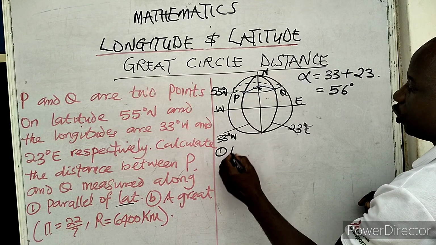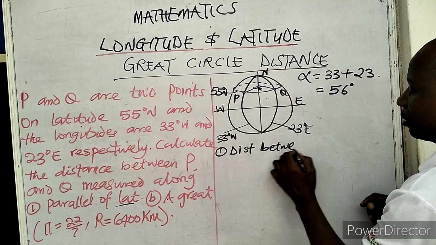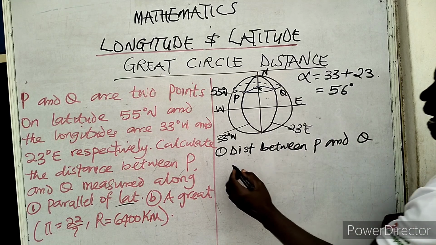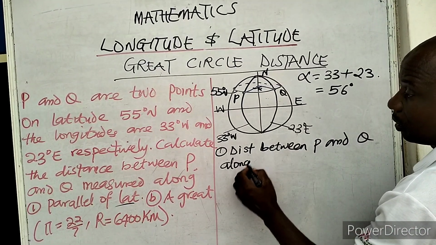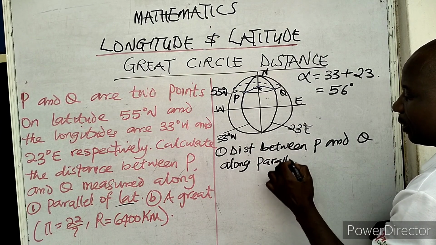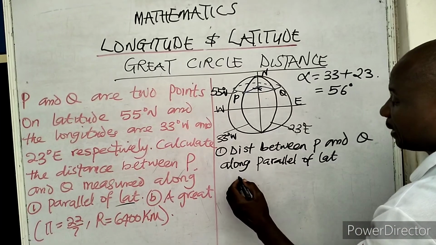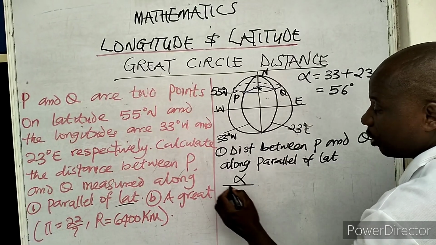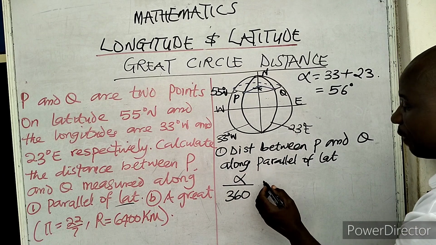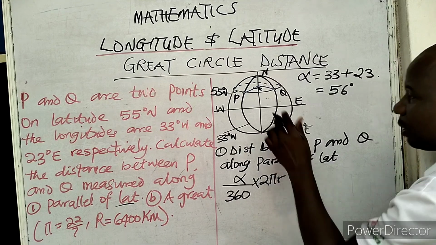The distance between P and Q along the parallel of latitude is given by alpha all over 360, because alpha is the angle I am using, alpha over 360 times 2 pi small r, because it is on the small circle.